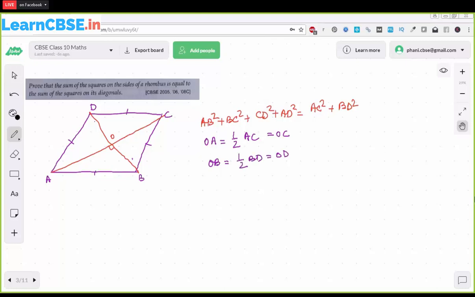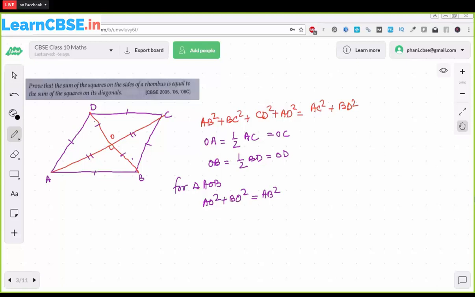As the diagonals bisect each other, each part is half of the entire diagonal. Now we have to choose each right angle triangle. So for the right angle triangle AOB, we can write AO square plus BO square equals AB square.